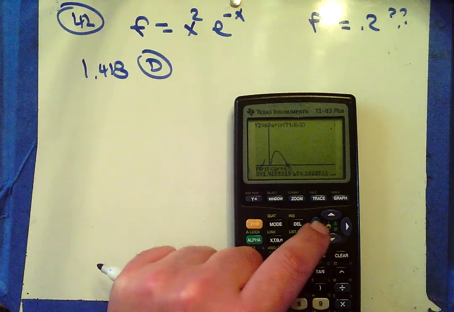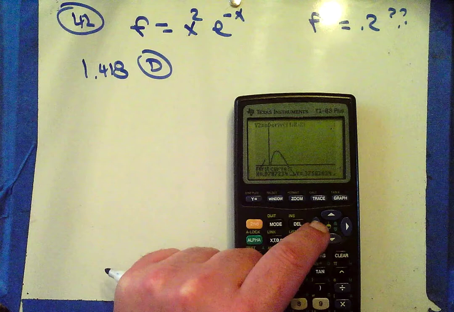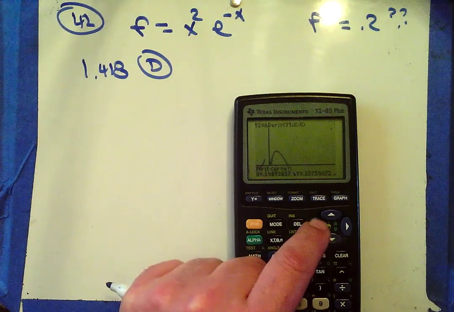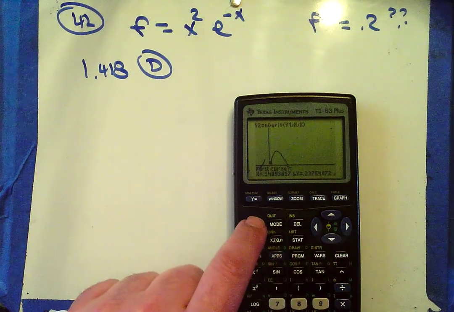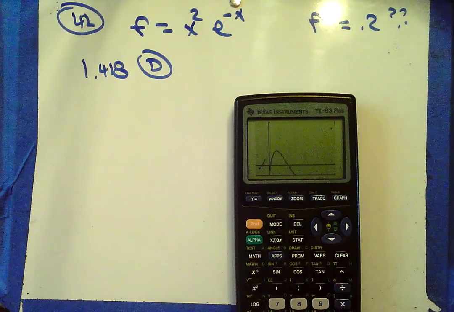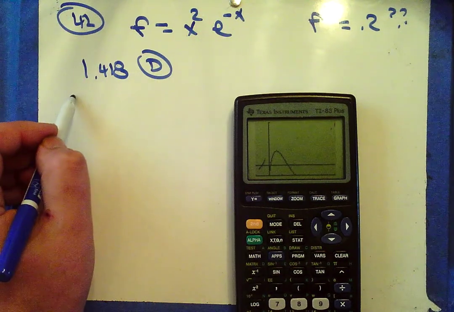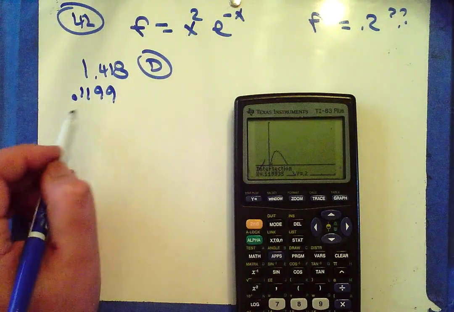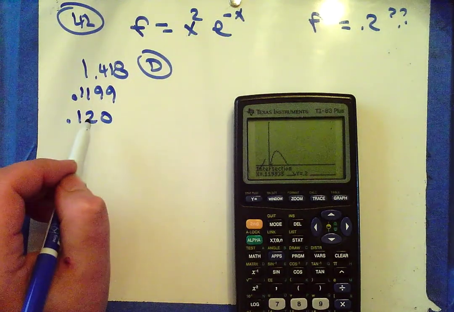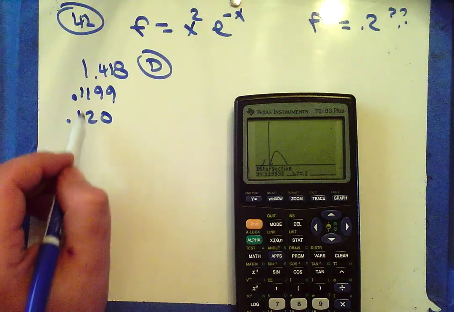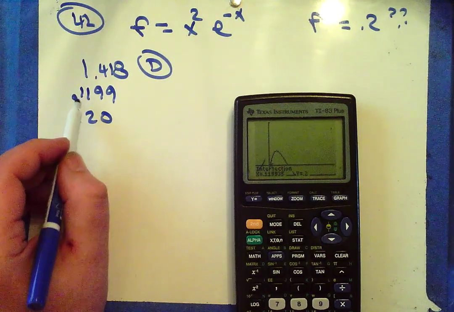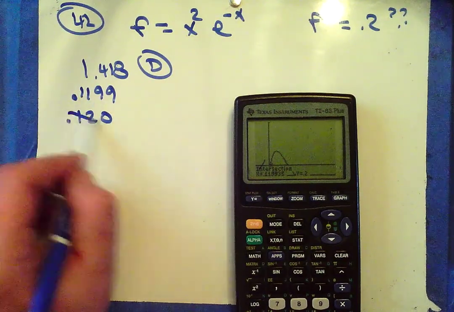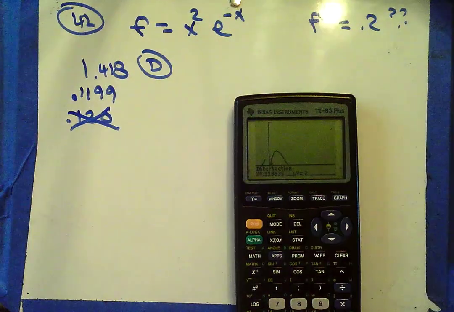I'm a little curious about that, so I'm going to go over there and see about finding that value. And enter, enter, enter. And I get here 0.1199, so 0.120. This is not 112. Oh, that's tricksy. Yeah, so that one's not there. D is, in fact, our answer.